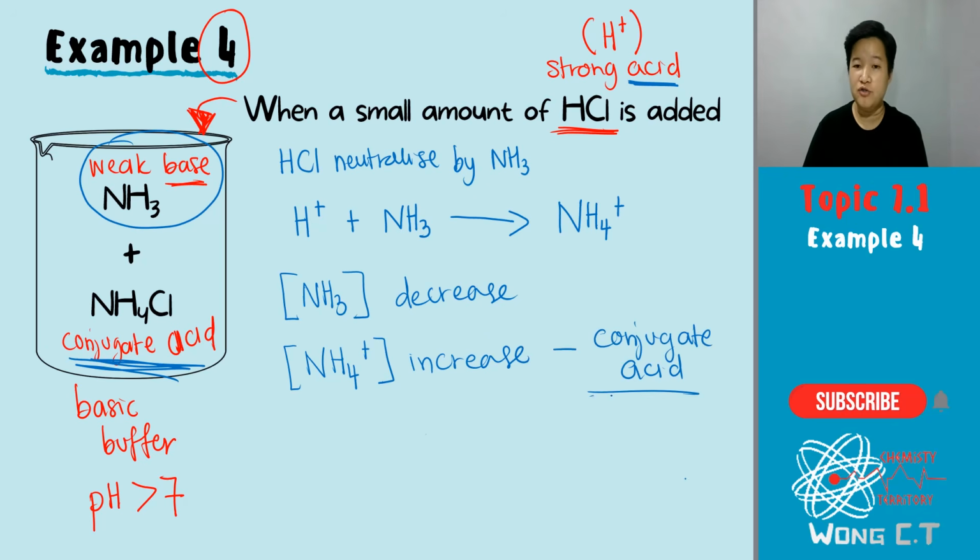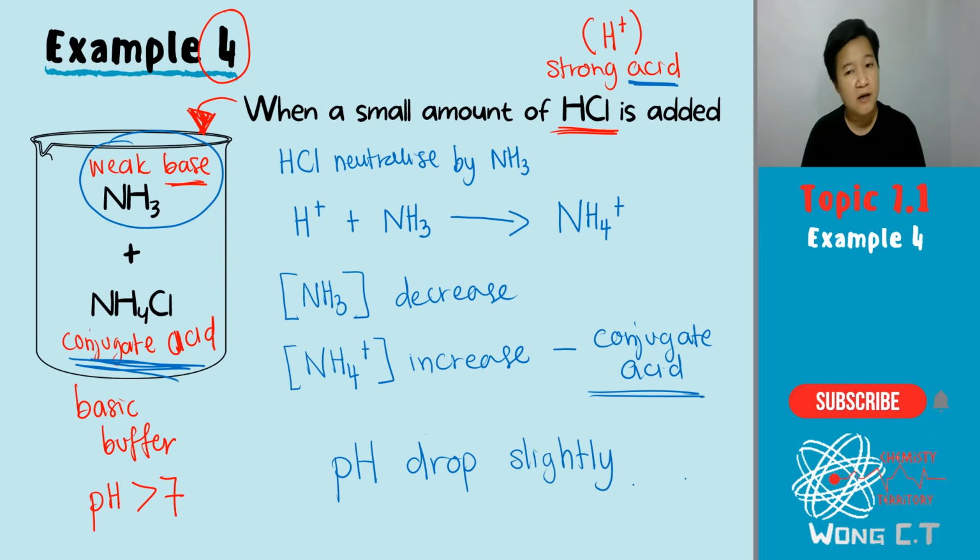And because the conjugate acid is produced, guys, what happened to the pH value? The pH value will definitely drop or decrease slightly, because you are producing conjugate acid. And bear that in mind, again and again, the pH changes only very, very slightly.